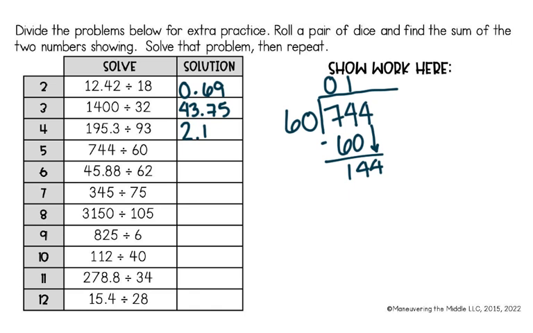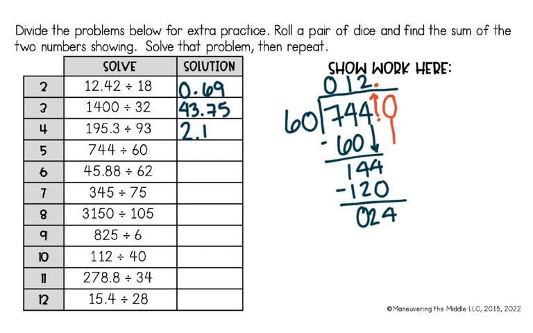60 can go into 144 twice. 2 times 60 is 120. Go ahead and subtract. 4 minus 0 is 4. 4 minus 2 is 2. 1 minus 1 is 0. So because we have a remainder, I'm going to go back up here, put my decimal. Make sure I also put my decimal in my quotient.